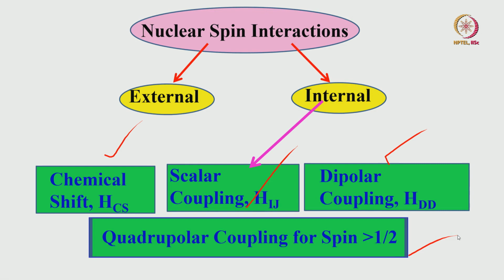Remember, quadrupolar coupling is exhibited only by nuclear spins whose spin quantum number is greater than half. Only such nuclei give rise to quadrupolar interaction. Quadrupolar coupling is only for spin greater than half.